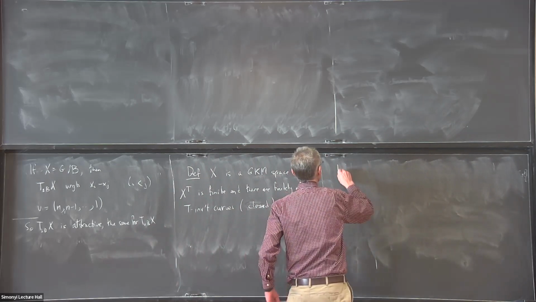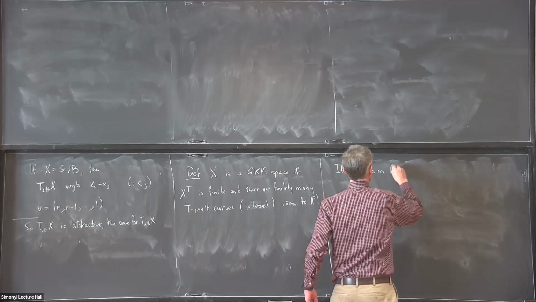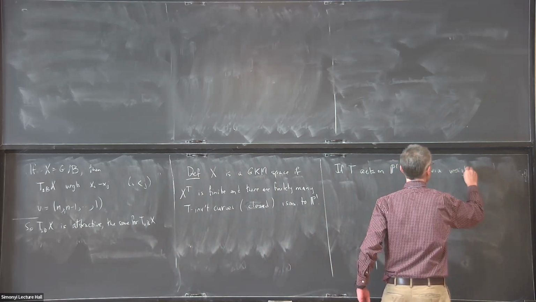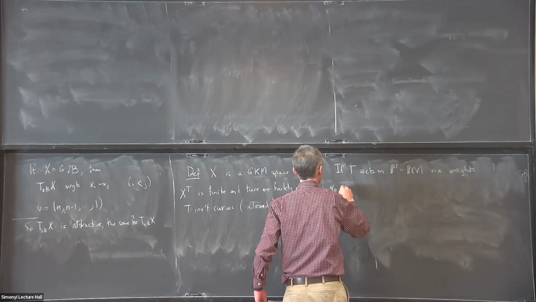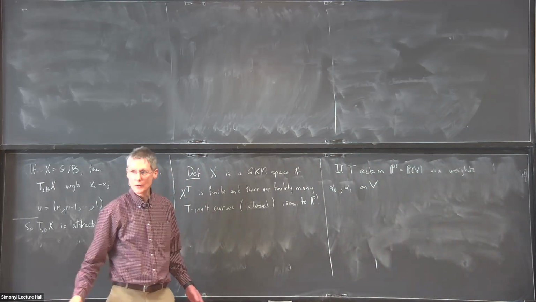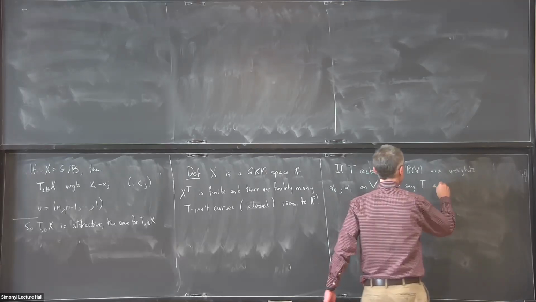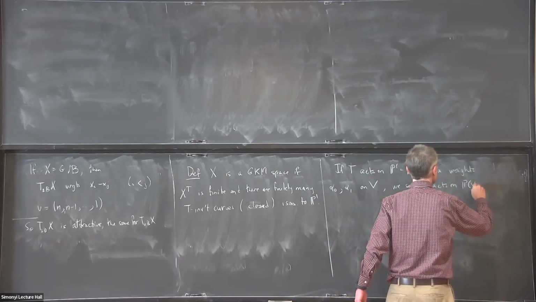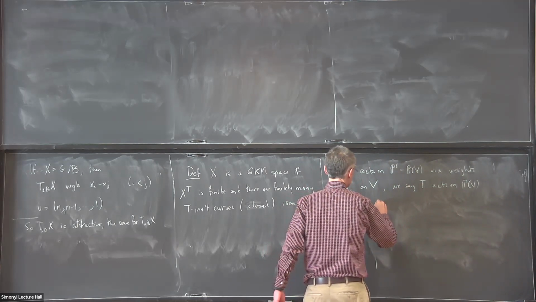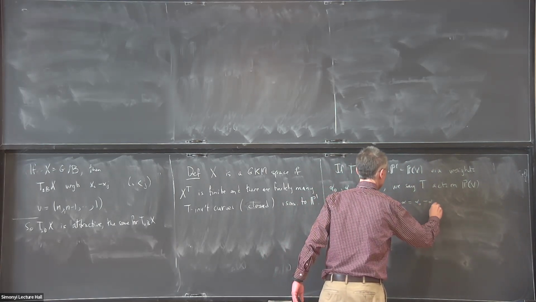And so if T acts on P^1 as P(V) via weights, say alpha_0 and alpha_1 on V, so there's a linear action on V with weights alpha_0 and alpha_1, I'll say that T acts on P(V) with weight plus or minus alpha, where alpha is alpha_0 minus alpha_1.